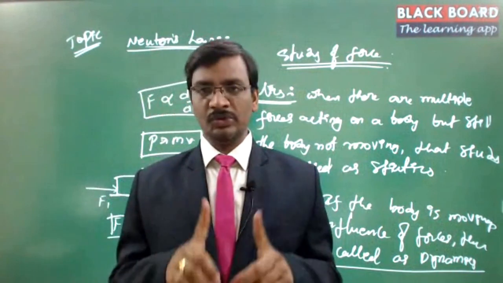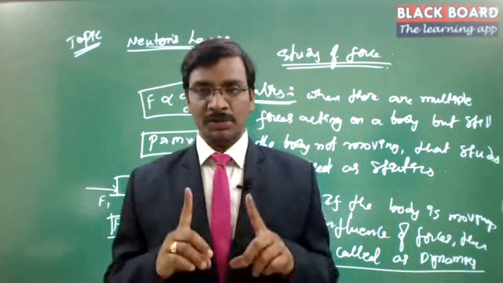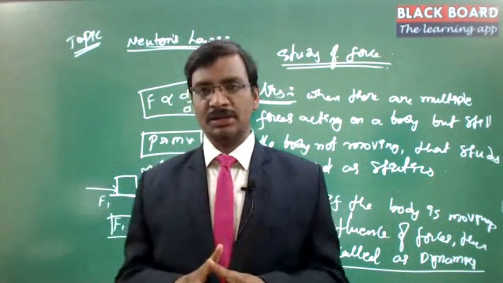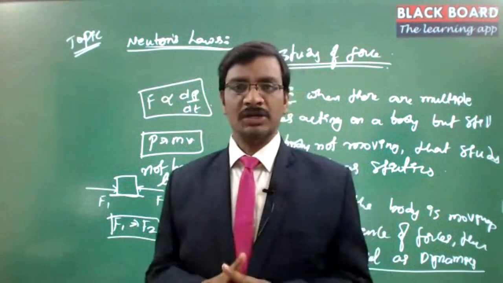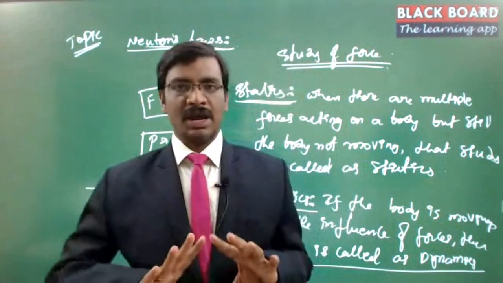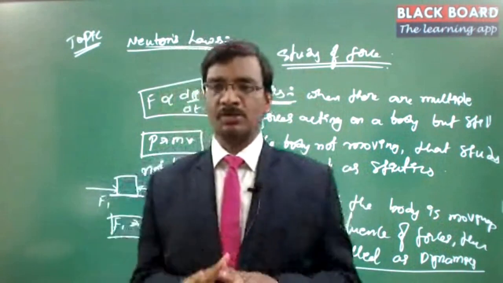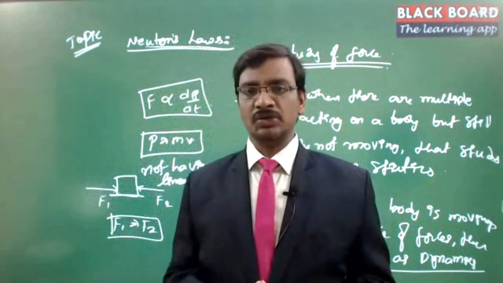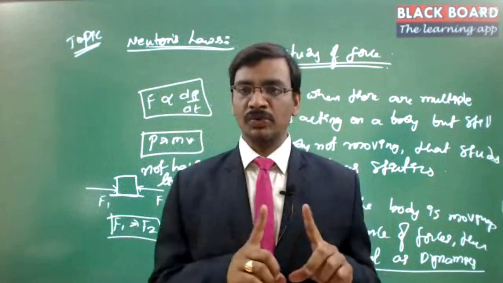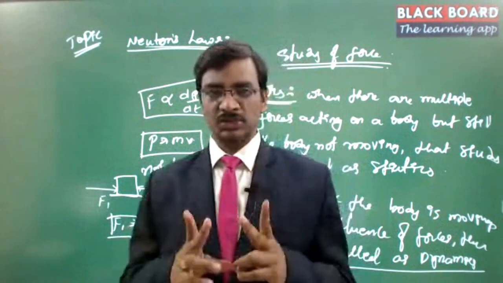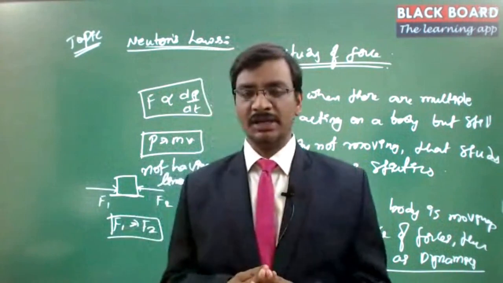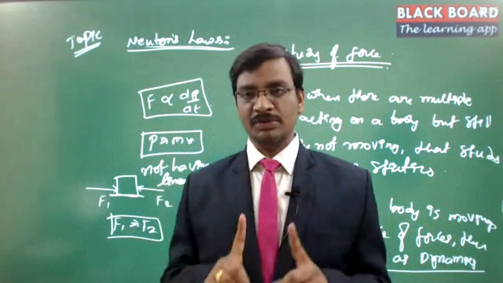Though we have two equal and opposite forces, the body is not stable because it is rotated. So to assure the staticity of a body, you have to assure that the body is not moved in the linear direction and not moved in the rotational direction. These two aspects we will study under the influence of multiple forces.